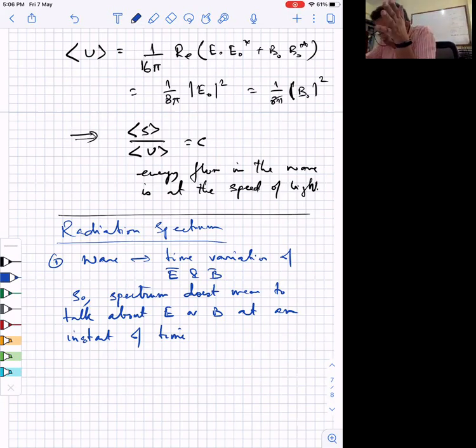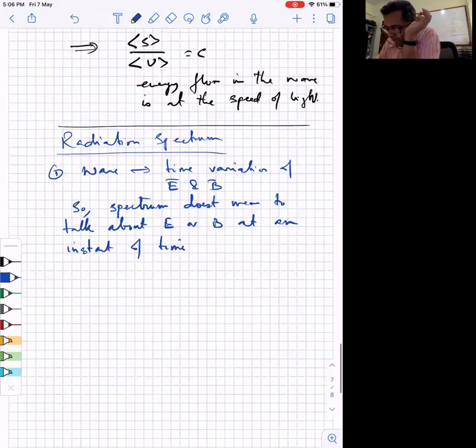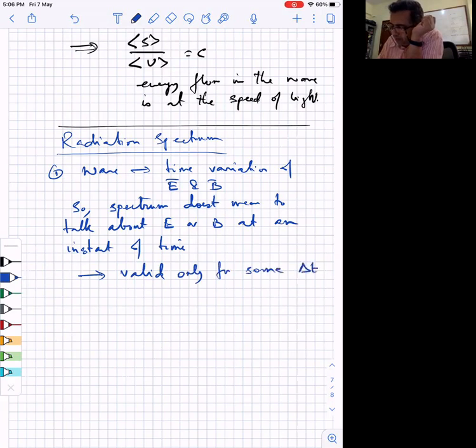So what we have to do is talk about it as valid only for some delta t. Whenever we talk about radiation spectrum, it always means we talk about some time interval.